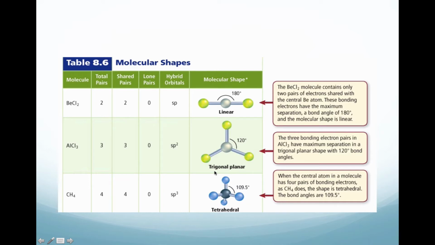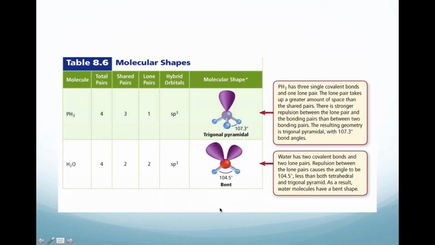Here we have one central atom and three outer atoms, with three covalent bonds, and the bond angle is about 120. And lastly, we have tetrahedral. We have one central atom and four surrounding atoms with a total of four covalent bonds, and a bond angle of 109.5.